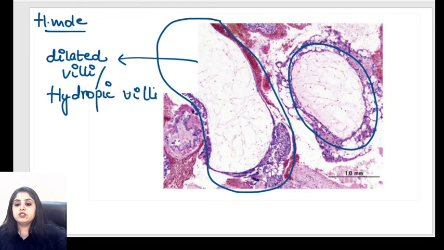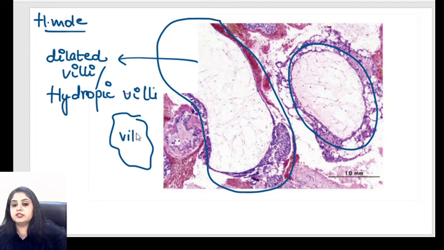Now, one more thing which is not very well seen over here, but I'll still try and make you analyze. Whenever I draw these villi, first you'll say that these were the balloon kind of hydropic villi, the water balloons that you had to draw. What are the cells that they are lined with? You will always see one row of cells which have a single nucleus, like a lining all throughout.